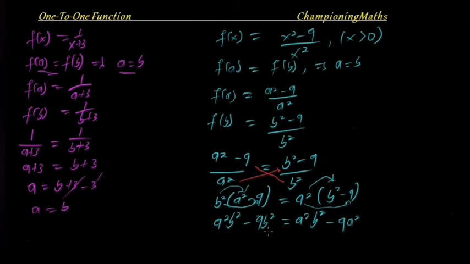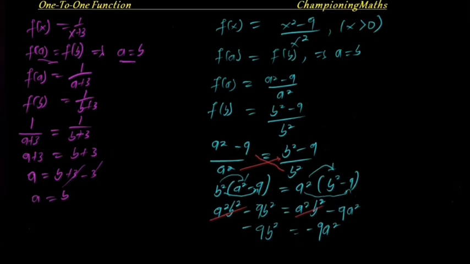Now we're having a raised to the power 2 multiplying b raised to the power 2 on both sides, and so they can cancel out. We'll be left with minus 9 multiplying b raised to the power 2 being equal to minus 9 multiplying a raised to the power 2.